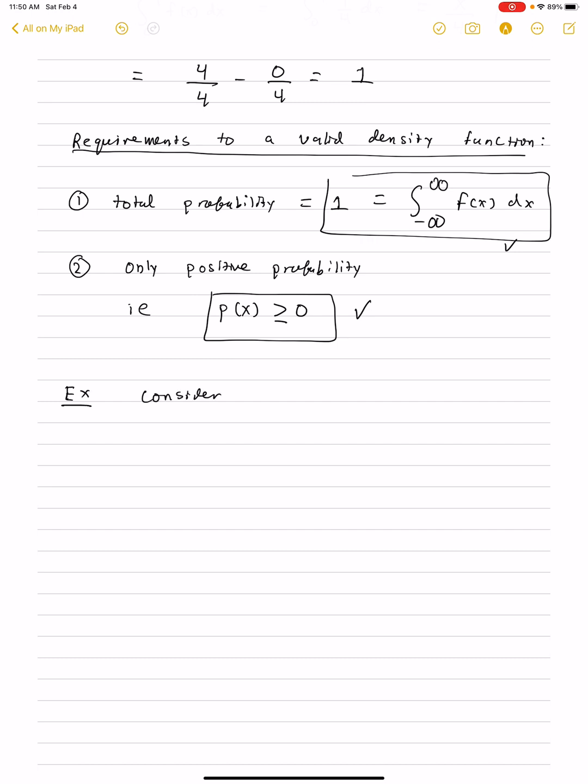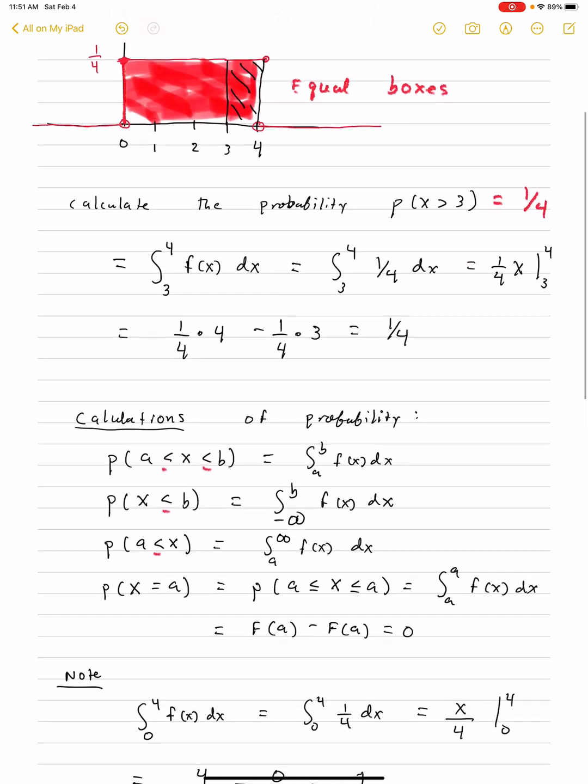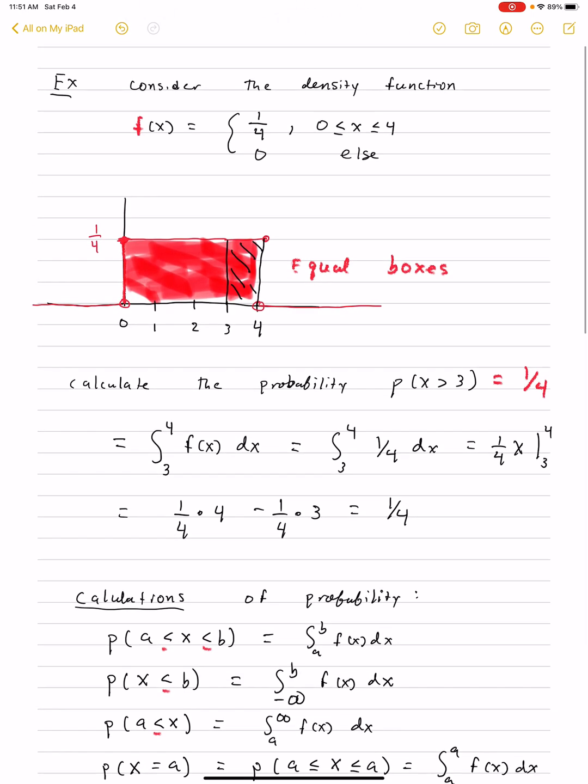Before I go through this example, I just want to say a few words about a context in which you might have this density function. It might arise, for example, in the callback time when you call a call center and they ask, would you like a callback?